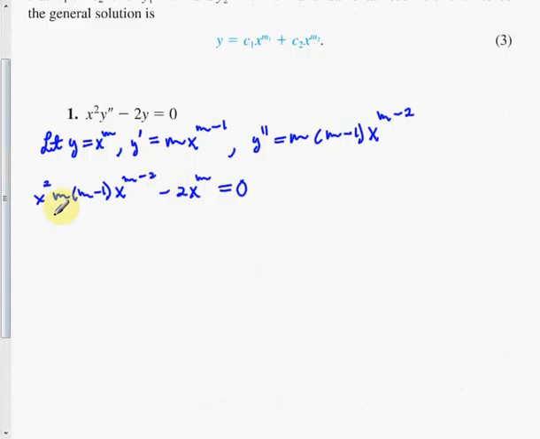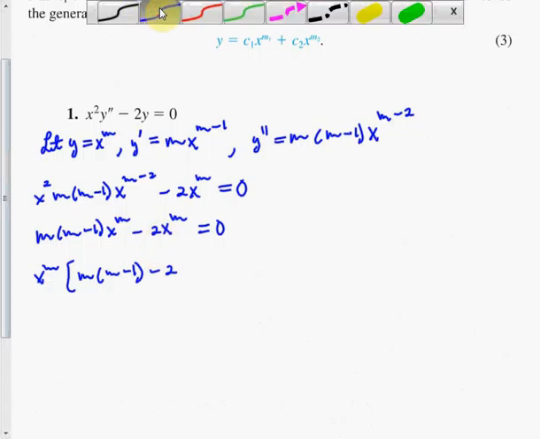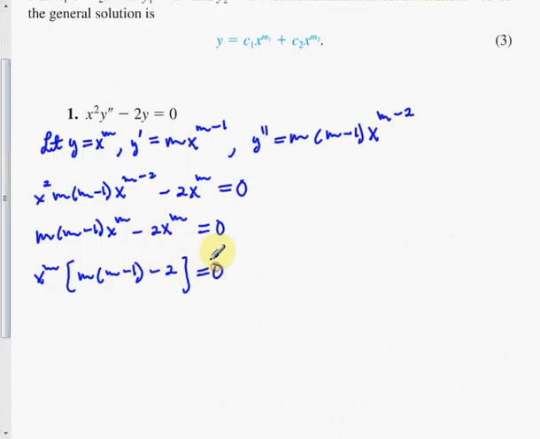Good. So this is now m times m minus 1 times x to the m minus 2 times x to the m, minus 2 times x to the m, equal to 0. Factor out x to the m. We have left m times m minus 1 minus 2 equal to 0.